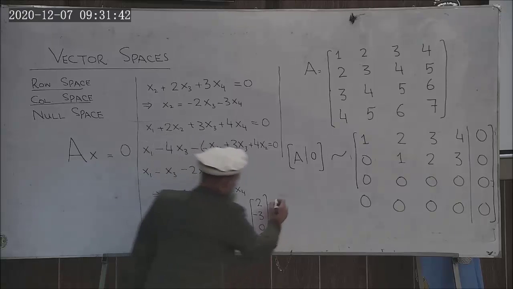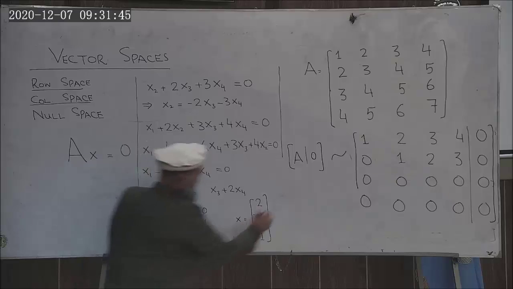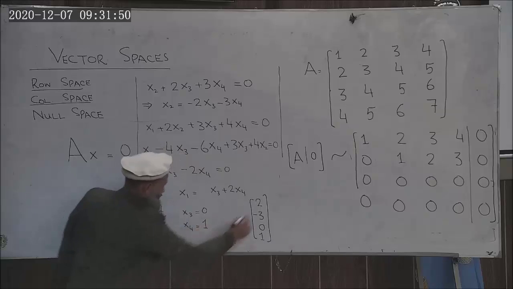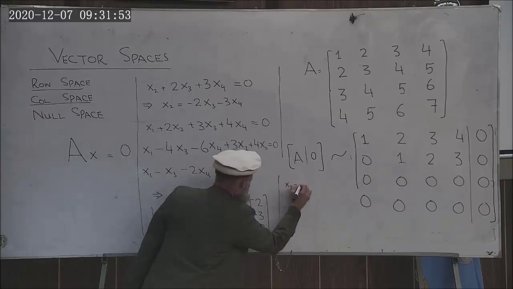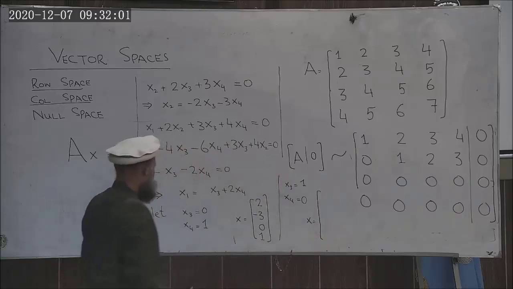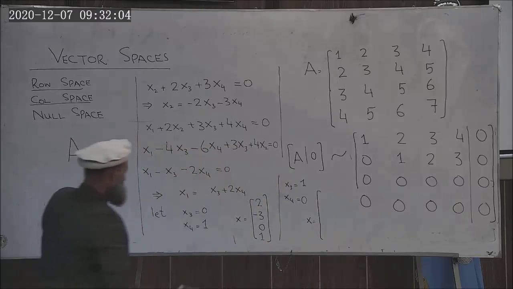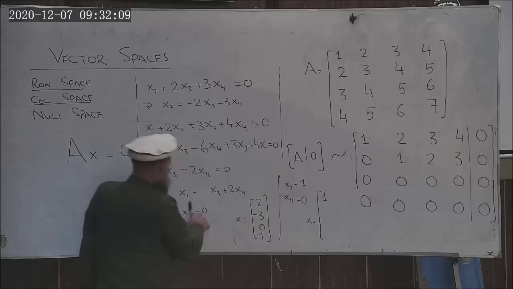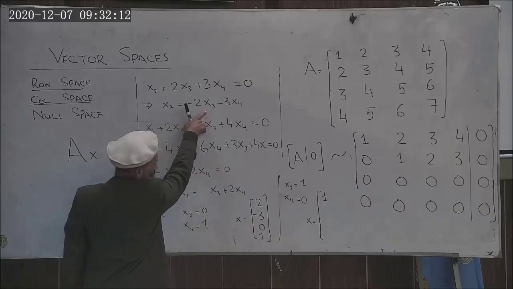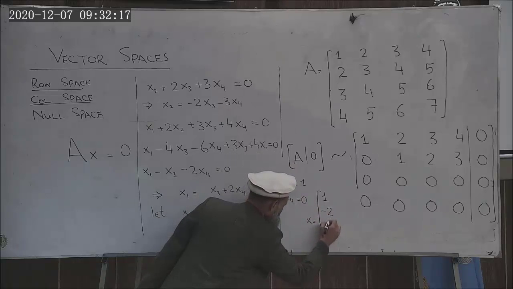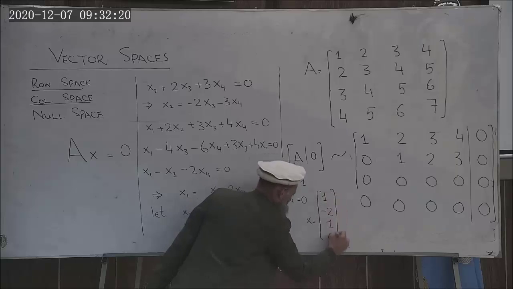And now let's take the second situation, that is x3 equal to 1 and x4 equal to 0, that will give you this solution vector. For x3 equal to 1, so x1 comes out to be equal to 1, x2 is equal to minus 2, x3 is equal to 1 and 0.